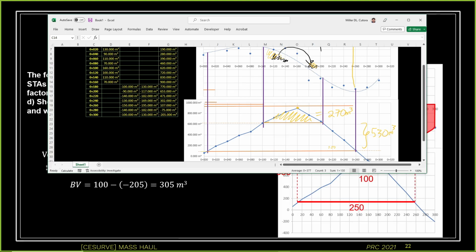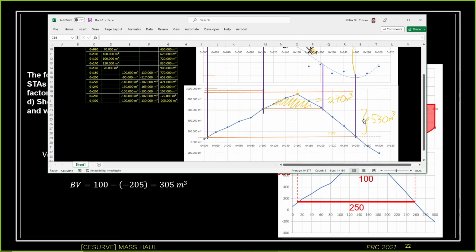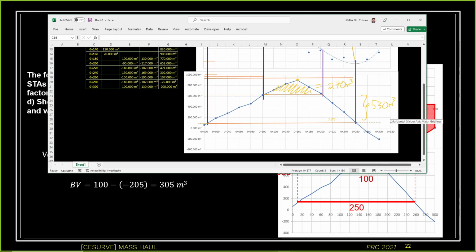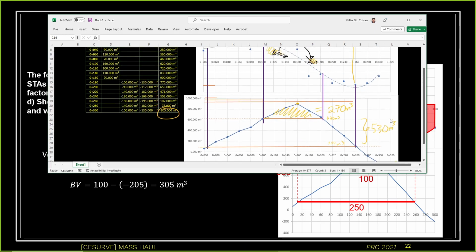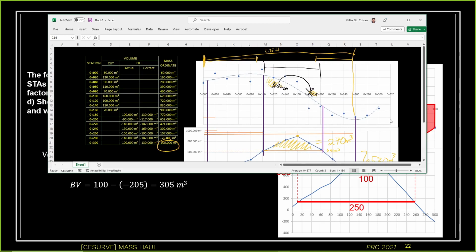Okay, next, volume of the borrow. So, ito ay 630 cubic meter. Ito ay 100 cubic meter. Ito ay 205 cubic meter. Kasi ito yan, no? 205. So, ito ang kinocompute naman natin this time, yung volume na to.